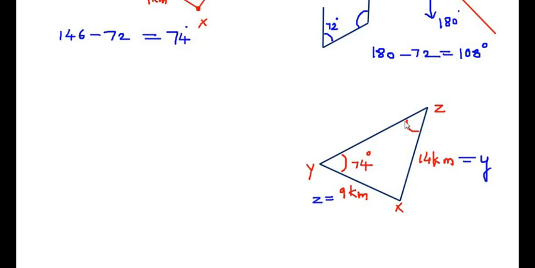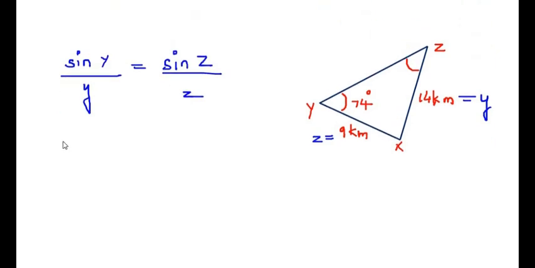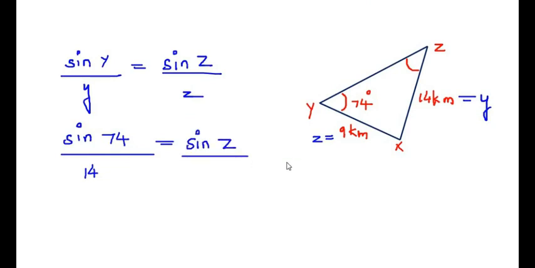Now to find this angle, we can use the sine rule and write it as sine of angle Y over side Y equals sine of angle Z, which we have to find, over side Z. So sine of angle 74 degrees over Y is 14 kilometers equals sine of angle Z over its side, which is 9 kilometers.